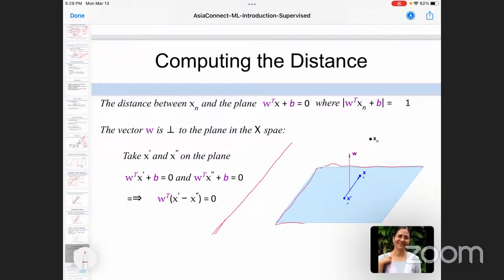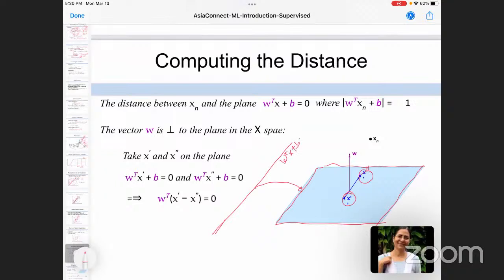This is a separating plane. It's easier to explain, that's why I drew a separating plane. This line in higher dimension can be seen as a plane. So here I'm assuming 2 points, x prime and x double prime, on the plane. As these are on a plane, what is the equation of this line?